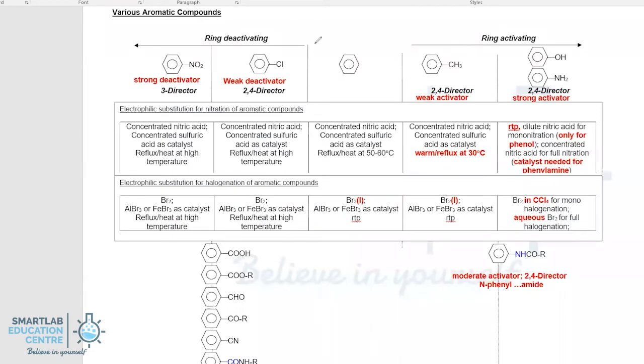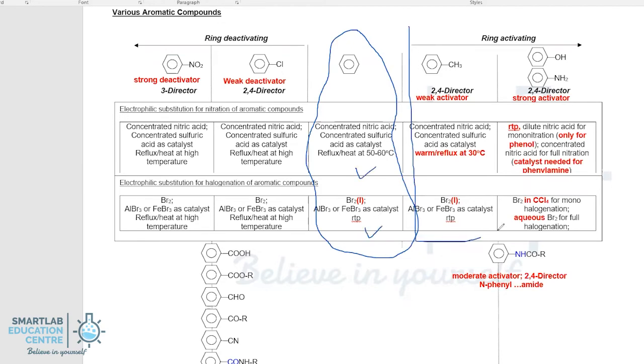Finally, in this table, what we have here is all the reactions that you've learned for electrophilic substitution of aromatic compounds. We start off by looking first at benzene. So benzene, you'll learn about these two conditions. And thereafter, if you take a look at your methylbenzene, and knowing that methyl activates the ring, you'll find that the temperature for nitration could actually be lower.